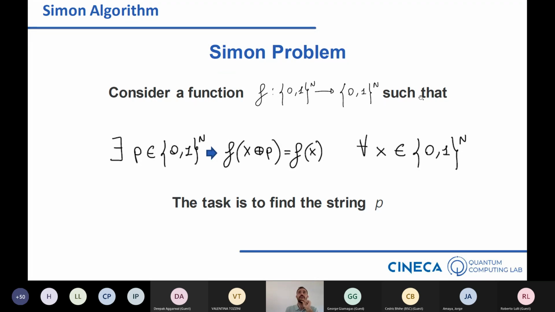And this function is such that there exists some bit string p for which f of x plus p is equal to f of x for every input. The task is to find this string p.